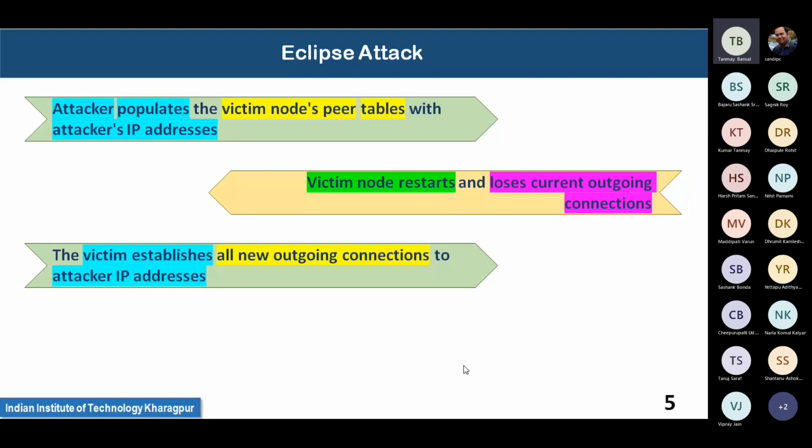So the victim node restarts and loses its current outgoing connections, and the victim establishes all its new outgoing connections to the attacker's IP addresses. Just to remind you, typically for a full node there are 8 outgoing connections and, I think, up to 117 incoming connections allowed. So what this attacker node will do is slowly try to first ensure that all those 8 outgoing addresses are replaced by addresses of the attacker.